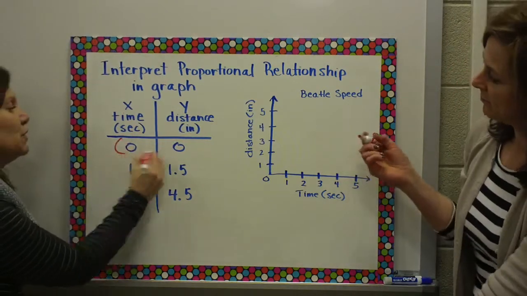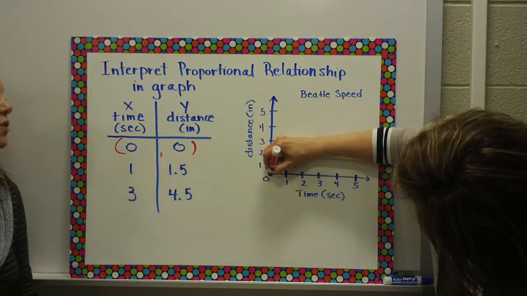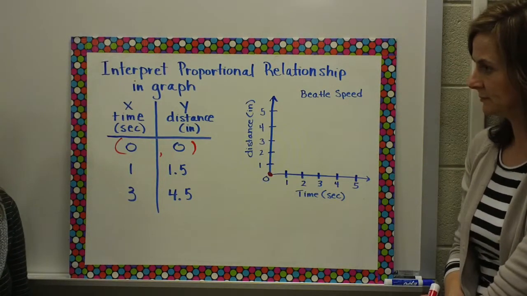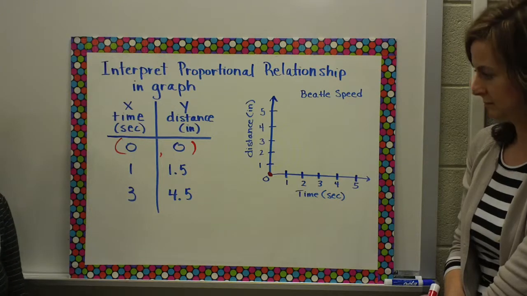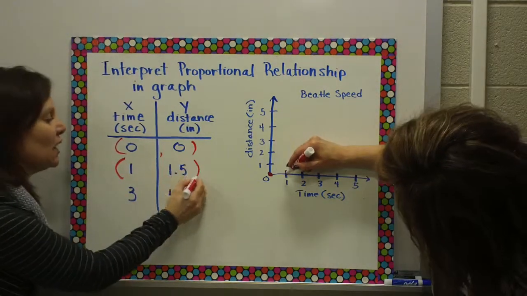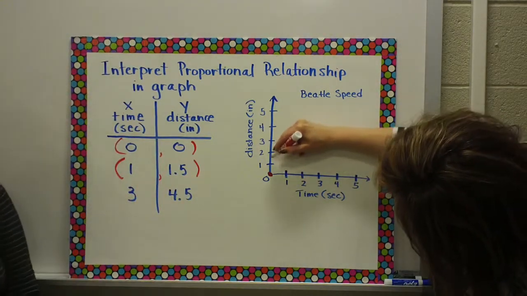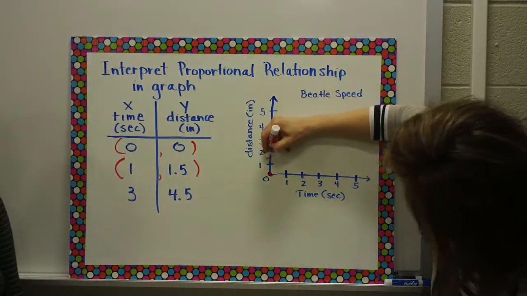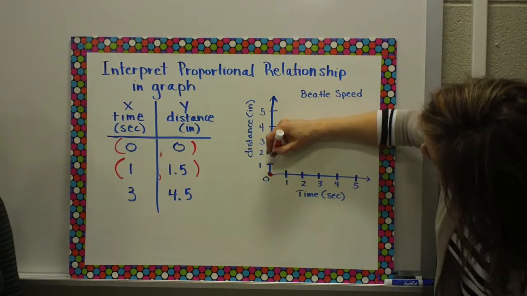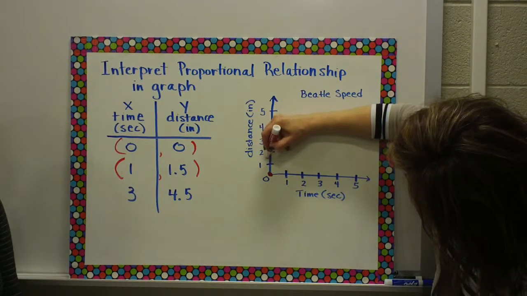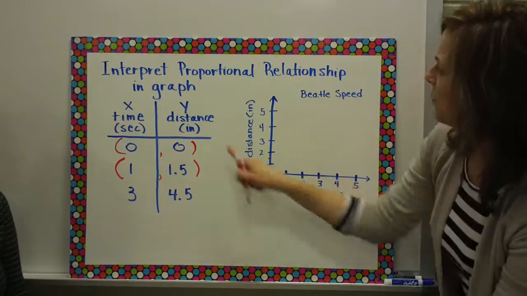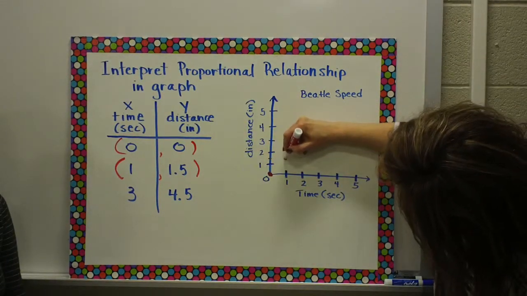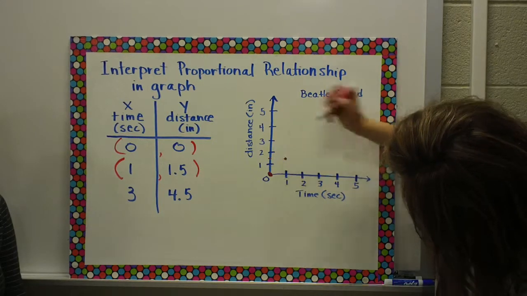So our first set that we have is 0, 0. Remember, one of our requirements for being proportional is it passes through the origin, so we have one requirement met. Now our next one is 1, 1 1/2, but we don't have 1 1/2 on our graph, Mrs. Armentrout. So how will we do that? I know that 1 1/2 is going to be exactly in between 1 and 2 on the y-axis. So I am going to plot my point right there.